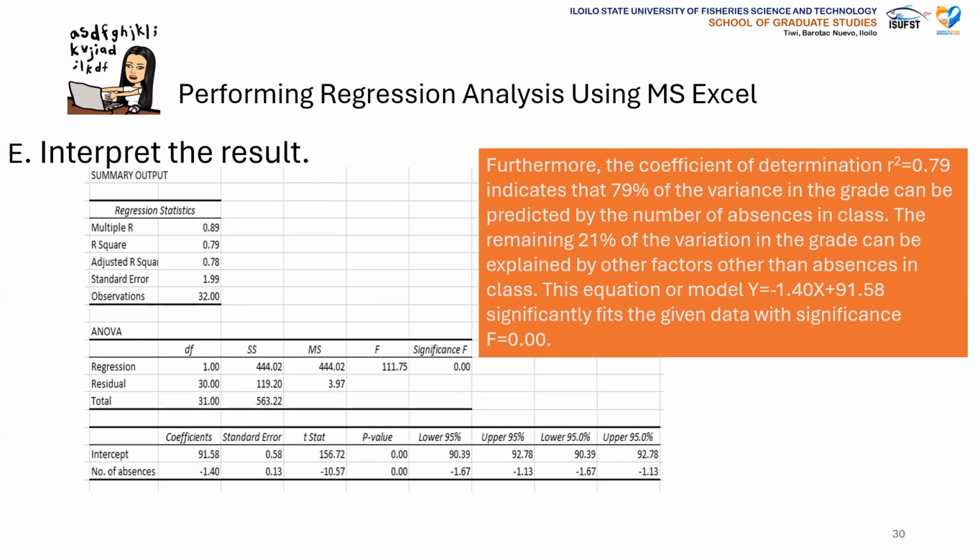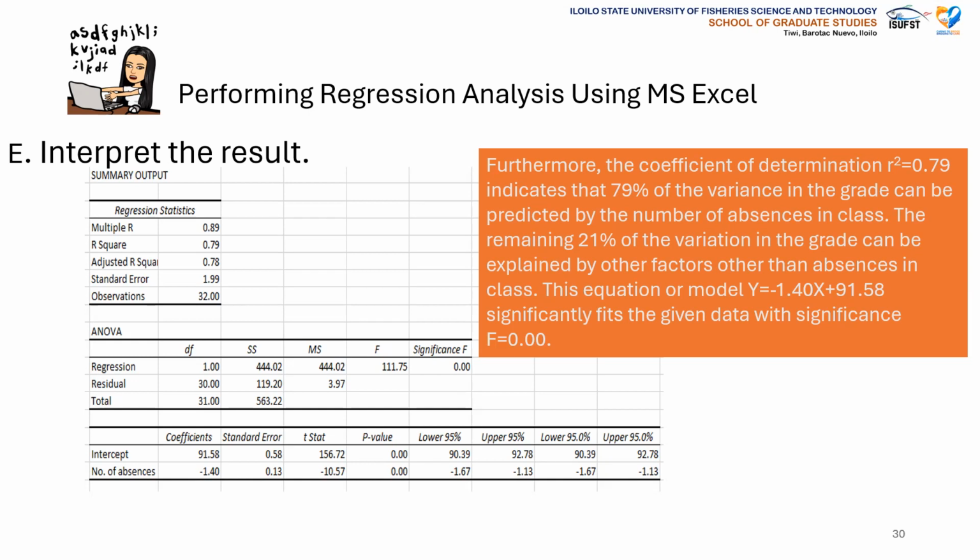Those other factors could be, let's say, allowance, socioeconomic status. Basically other factors that were not considered that may have affected the grade in math, for example, motivation, dedication, and so on.